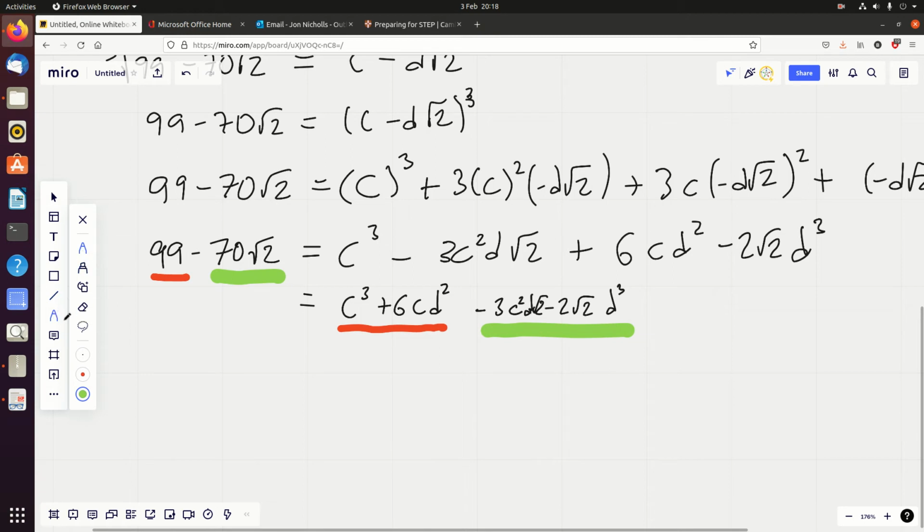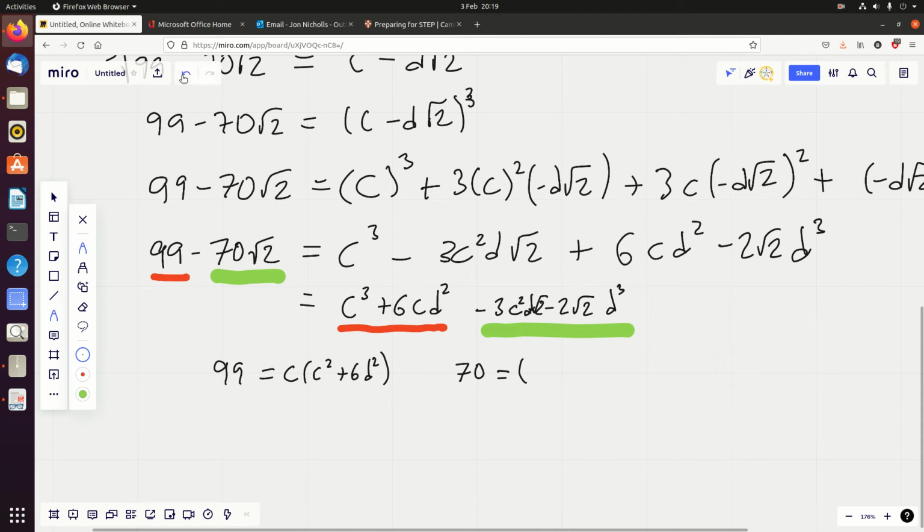And then what I can do is come up with two separate equations, if you like, of 99 equals, let's do a little bit of factorising just to tidy it up a bit, c squared plus 6d squared. And I've also got 70, and let's just ignore the negative there and the two negatives here, because then we can say it's all positive. Really, this is the same as 3c squared d plus 2d cubed.